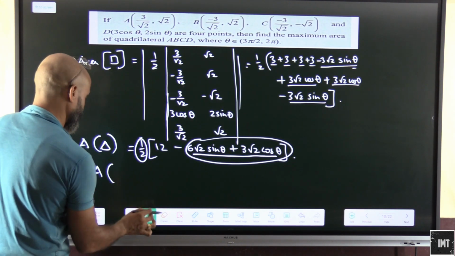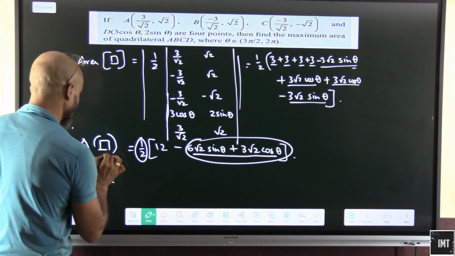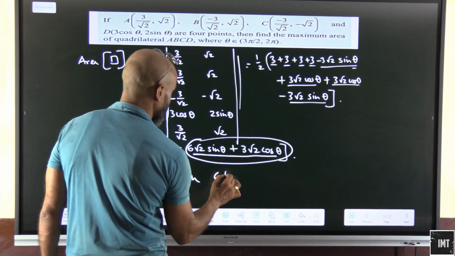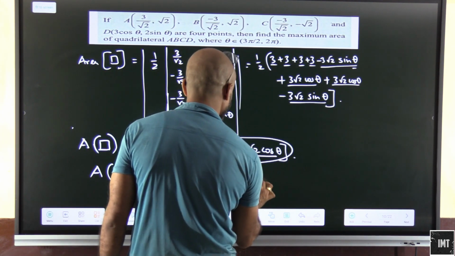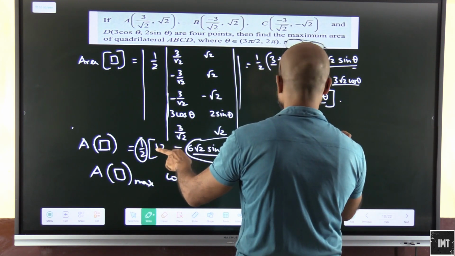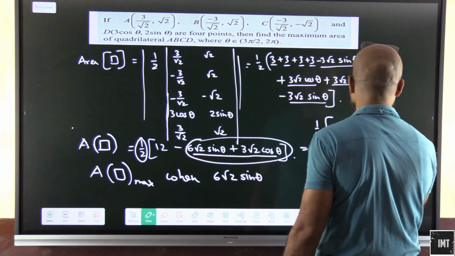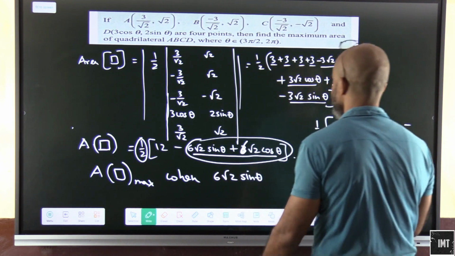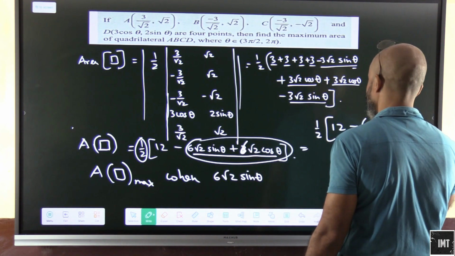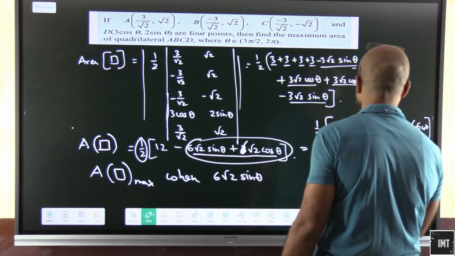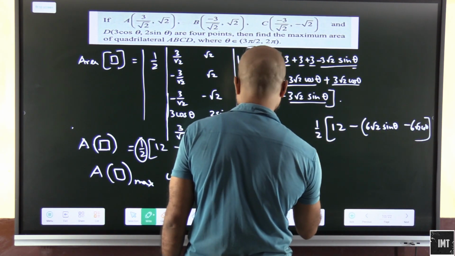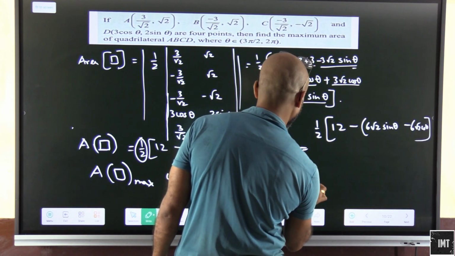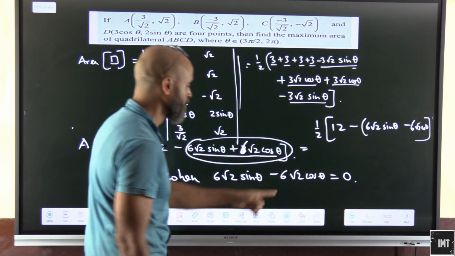So the area of the quadrilateral becomes maximum when 6 under root 2 sin theta minus 6 under root 2 cos theta becomes equal to 0.